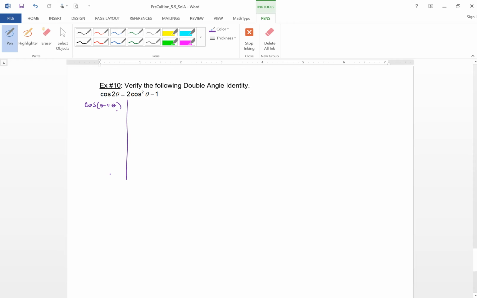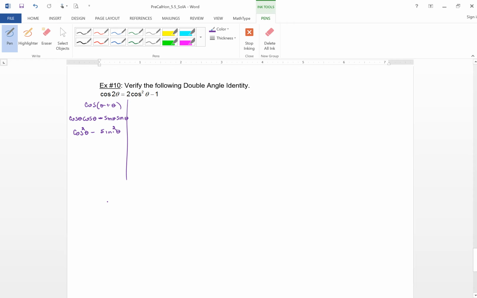And if I have cosine of alpha plus beta, that's cosine cosine minus sine sine, right? So now I have cosine theta cosine theta minus sine theta sine theta. What's cosine theta times cosine theta?